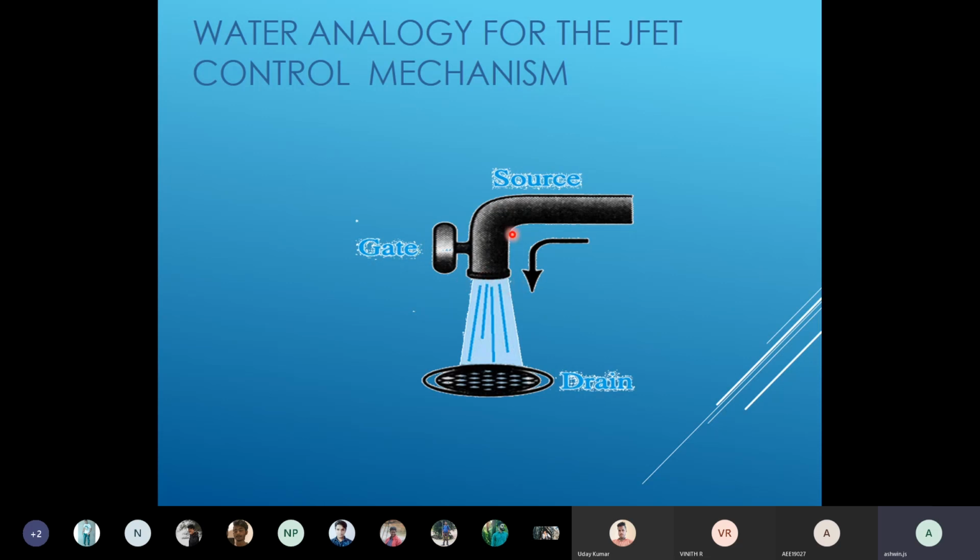Even though the source has a huge amount of water content, in technical terms a huge number of charge carriers, if the gate is closed nothing will flow, so the drain cannot get any water. If the gate is open, the source will keep giving the water and the drain will take the water. So water represents the charge carriers. This is just an example of how the terminals are working.